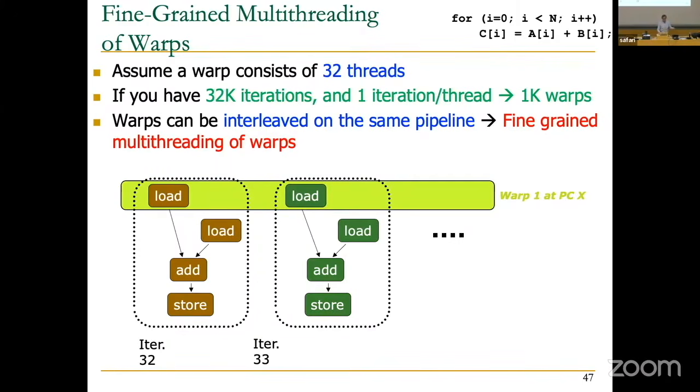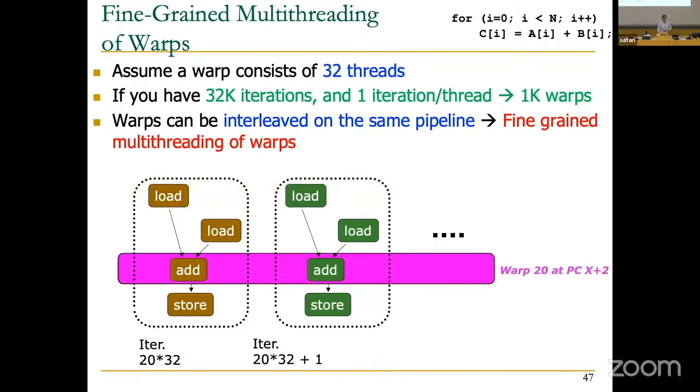But if someone tells you, for example, that warp 20 is at PC X plus 2, you can calculate which iteration it is executing in the scalar code. We've divided 32K iterations into 1,000 warps, and each warp consists of 32 threads. Warp 20 should be at iteration 20 times 32.